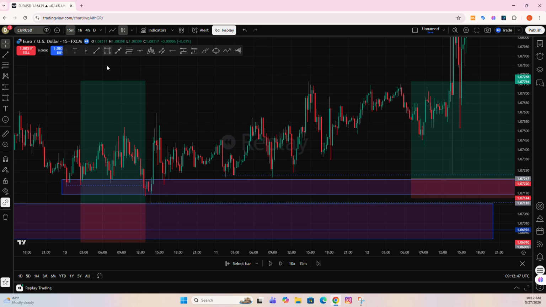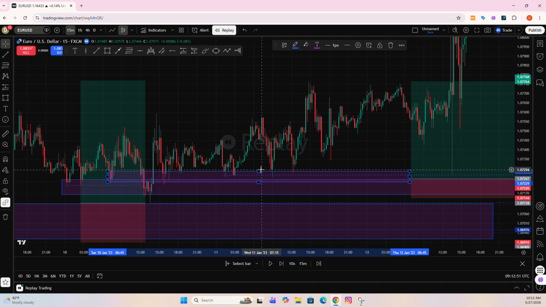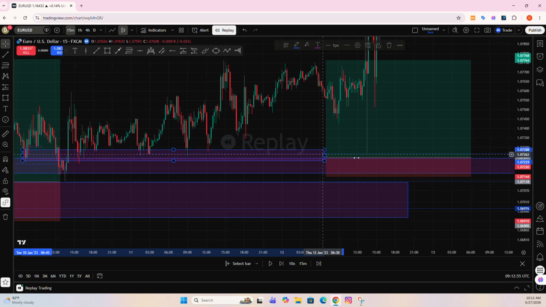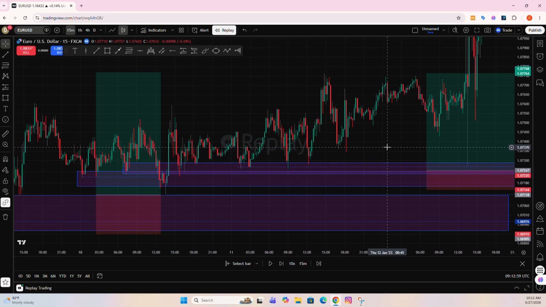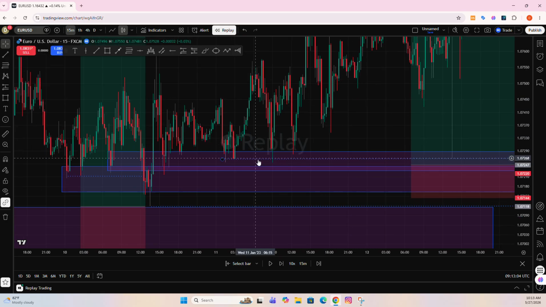Assuming I draw this from here, it would have been mitigated, but we still have higher chances of stop loss, because these are all liquidity. If you decide to sweep out all these liquidities here, you'll be going. So that's why I never considered it.